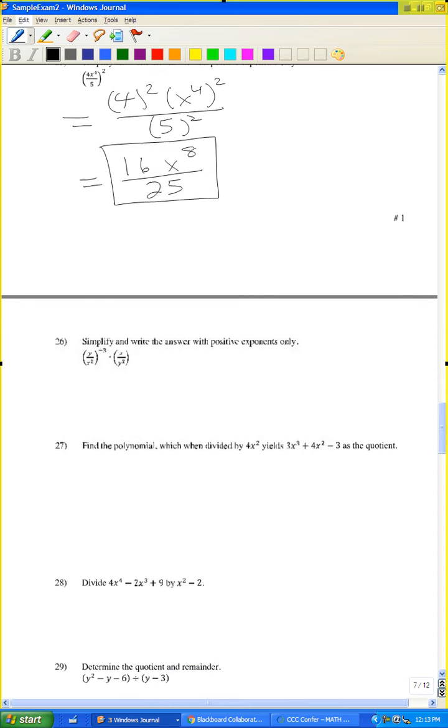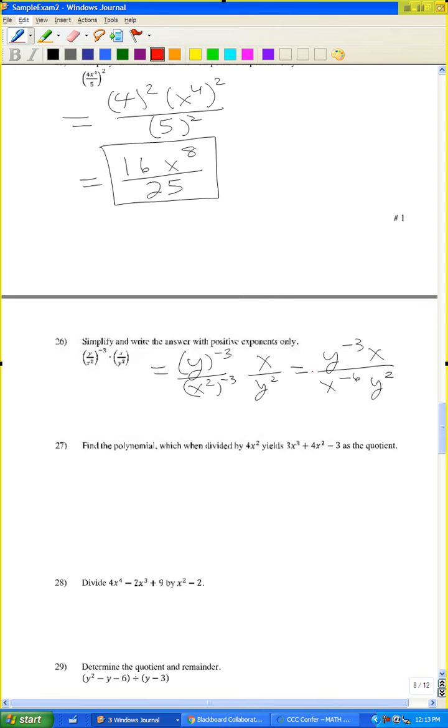Simplify and write your answer with positive exponents only. And so let's raise each of these to the power of -3. So y to the negative 3, x squared to the negative 3, well, times x over y squared. So this is y to the negative 3 x over x to the negative 6 y squared.